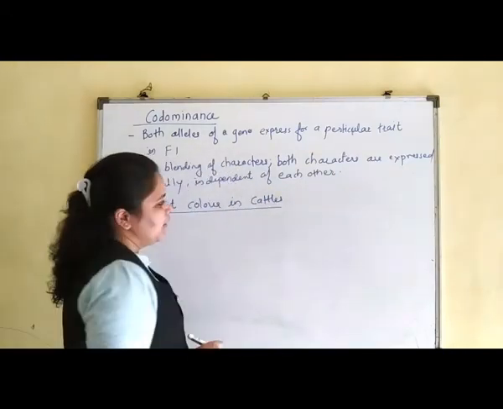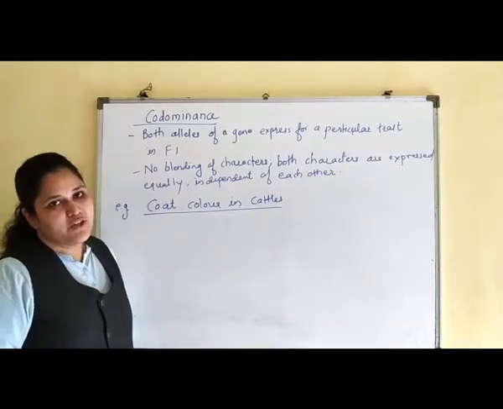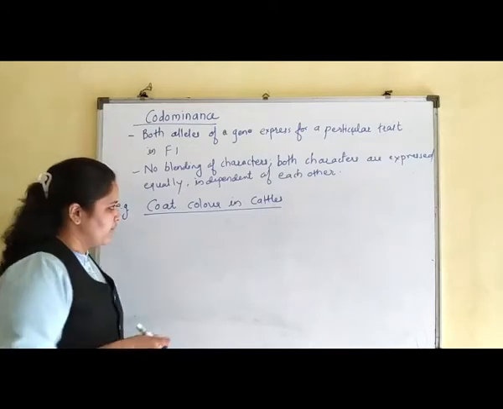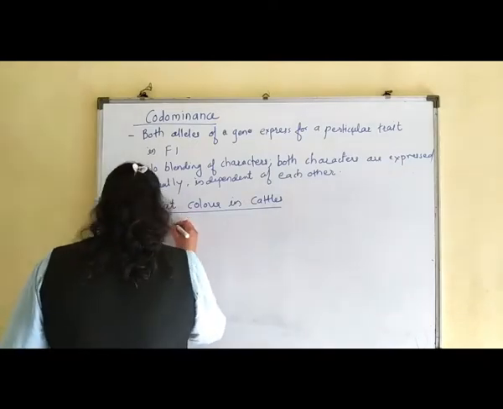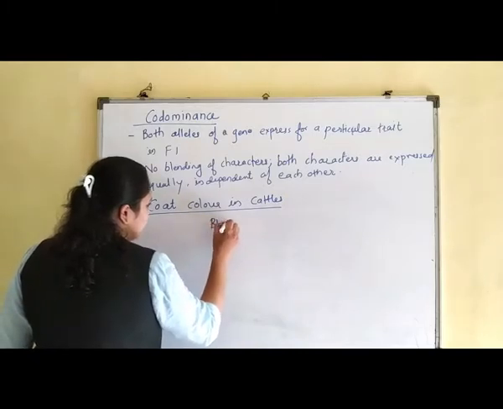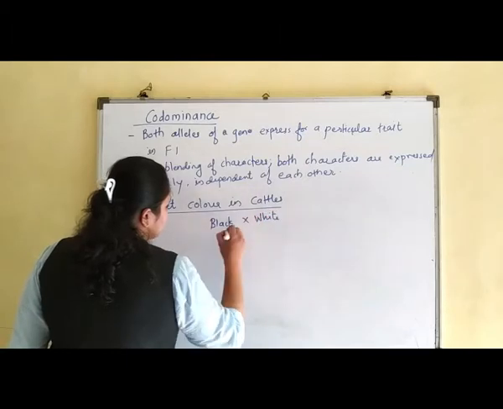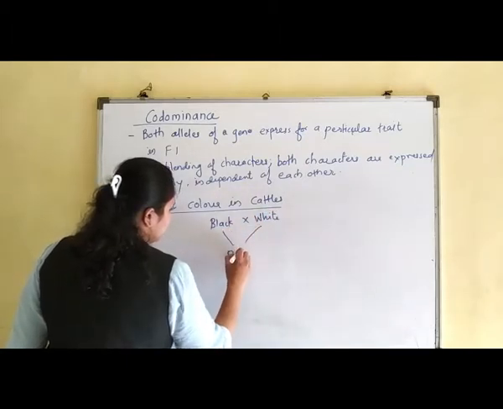Now, in case of cattle, black coloration as well as white coloration, they both are dominant. So the cross between black color and white color gives rise to roan coloration.